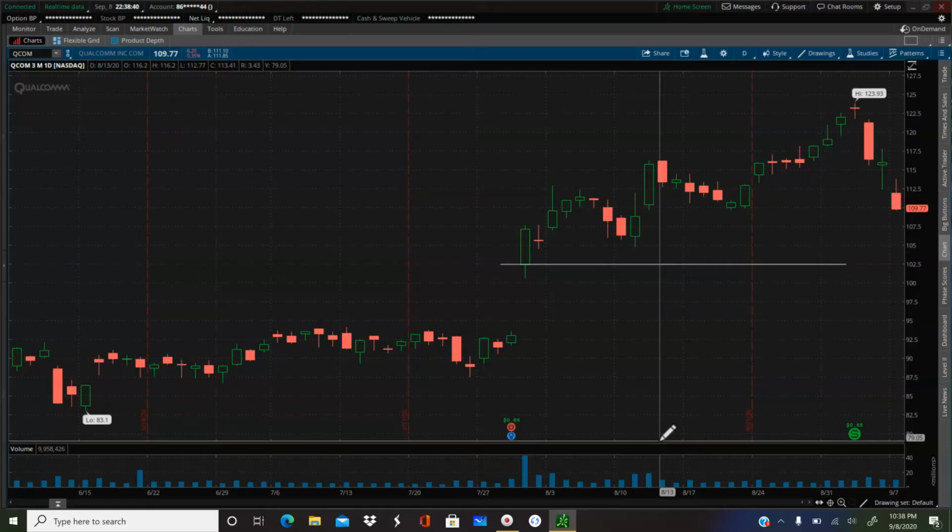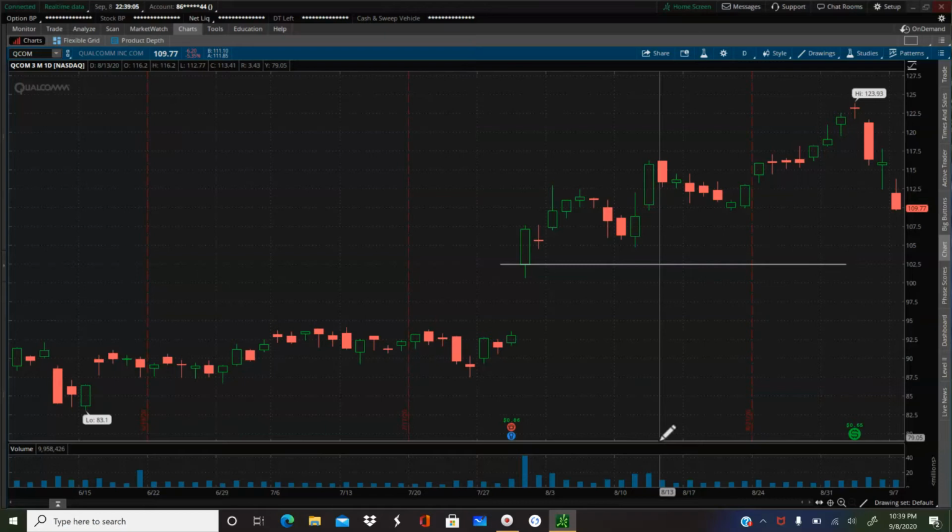Now, don't get me wrong, this does not mean that you stay in Qualcomm until it closes below this candle or this trend line, because of course, you have your own ideas, methods or strategies.